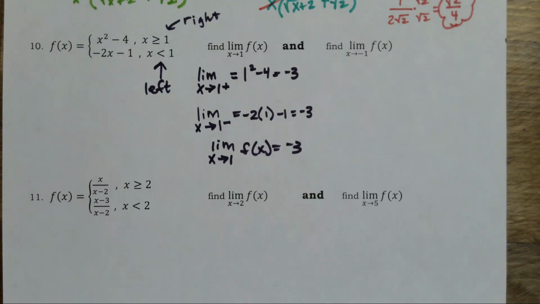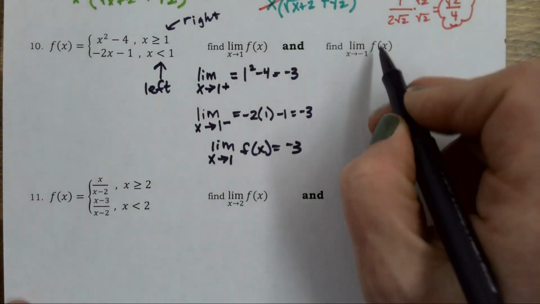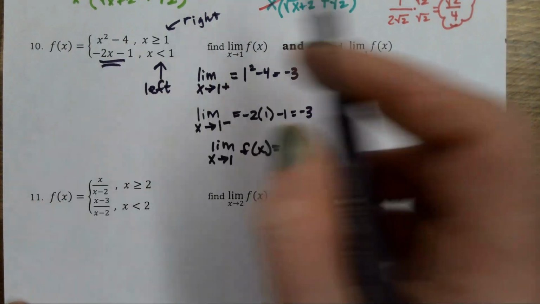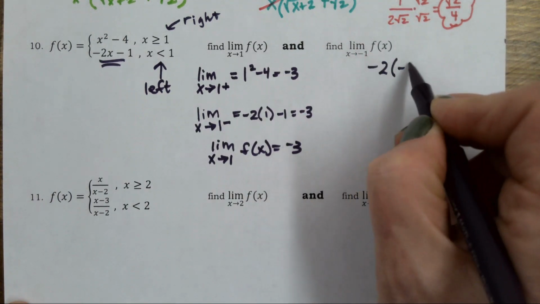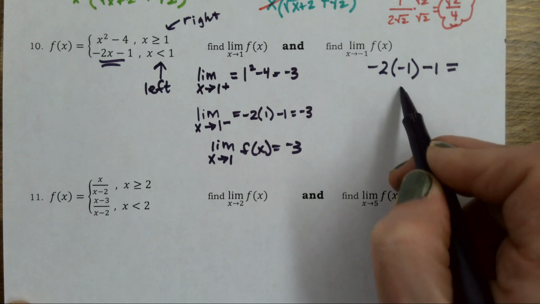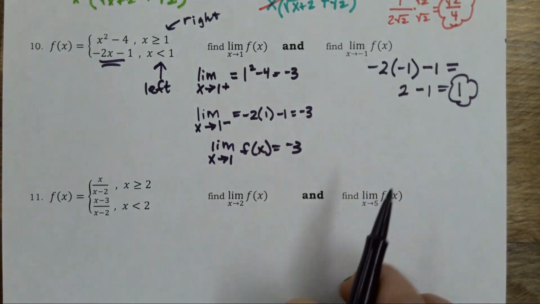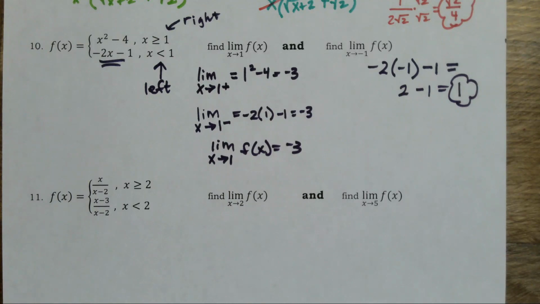It's the line, because -1 is less than 1. So I'm going to evaluate this by using the line. And there's my limit. Again, the only issue is going to happen when it happens at the value of interest.